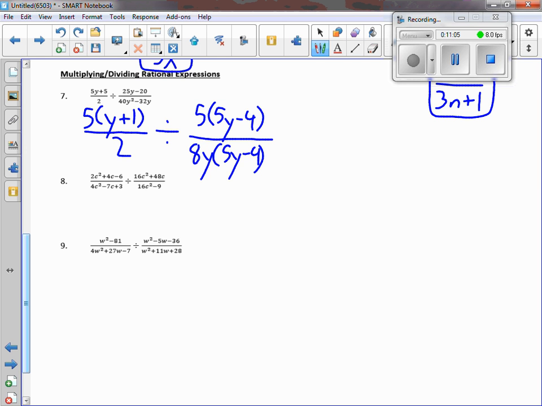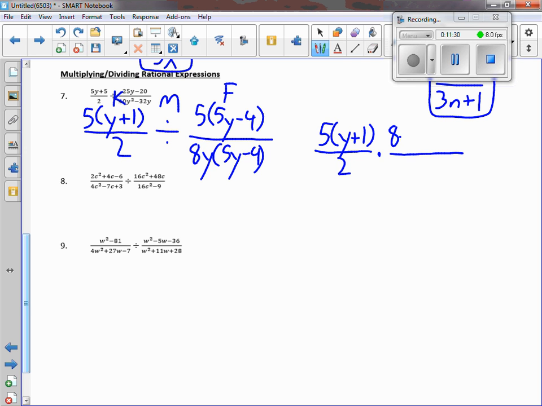Now remember, division is very similar to multiplication again, but with one extra step in the beginning. We're going to keep the first rational, so we'll keep him exactly as he is. Then we're going to change that division to multiplication. In the second one, we're going to flip it.